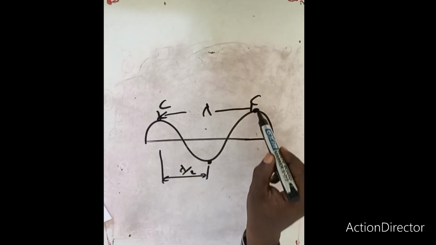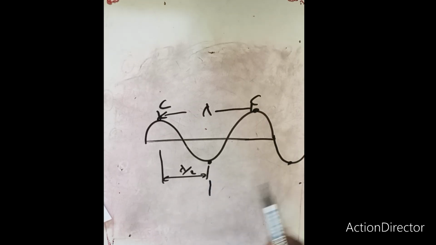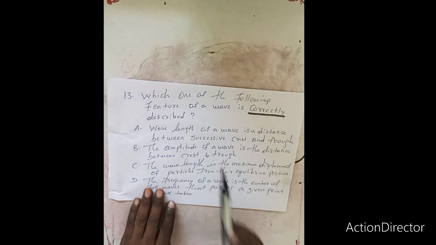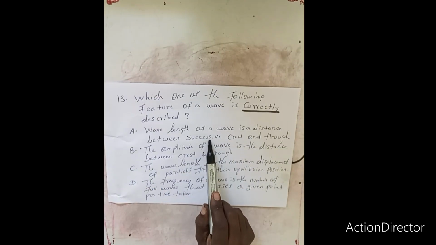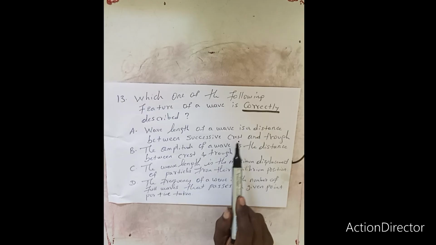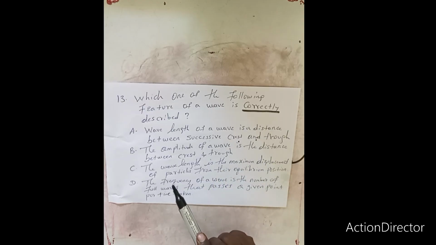So the wavelength is between two consecutive crests or between two consecutive troughs. So between these two, it's possible to get the wavelength, trough with trough. So A is not correct as written, since it says crest and trough.